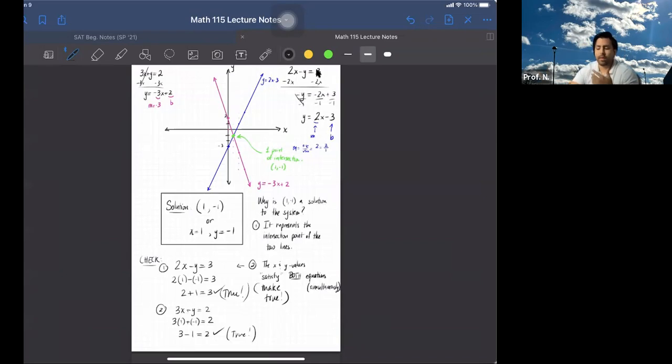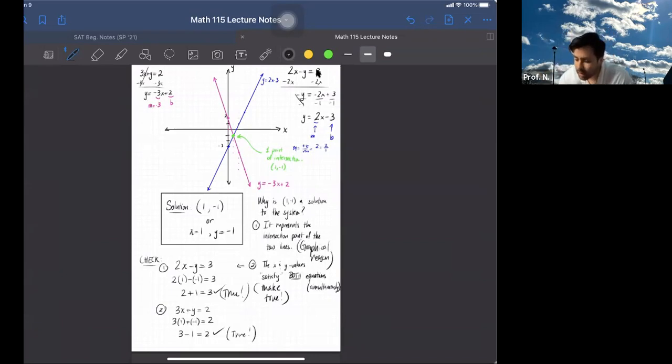What I'm trying to demonstrate to you is that there's more than one way to visualize or understand this concept of solution. Number one is a graphical reason. You say, yeah, it's the solution because they intersect at that point.